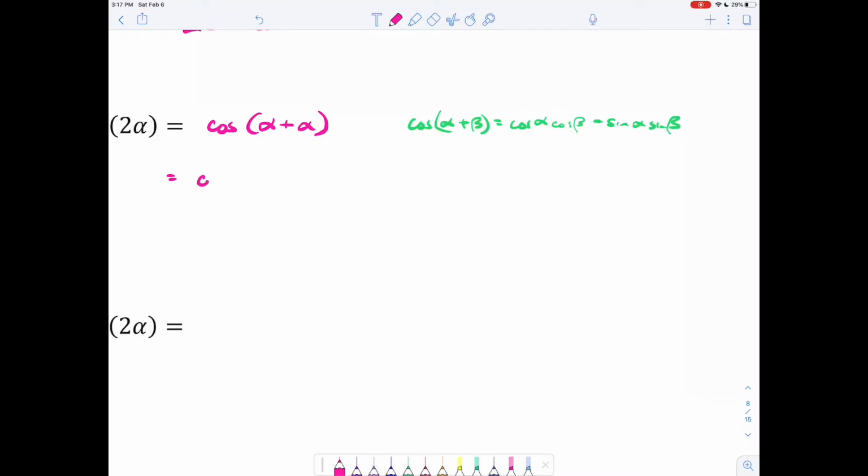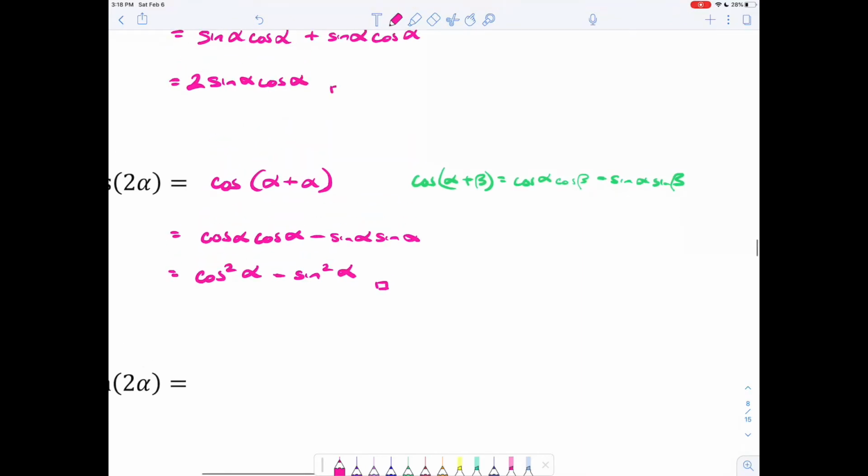So I'm going to get cos alpha cos alpha minus sine alpha sine alpha. But cos alpha times cos alpha is just cos squared alpha. Sine alpha times sine alpha is just sine squared alpha. And that one is done. Did I put my little done square there?